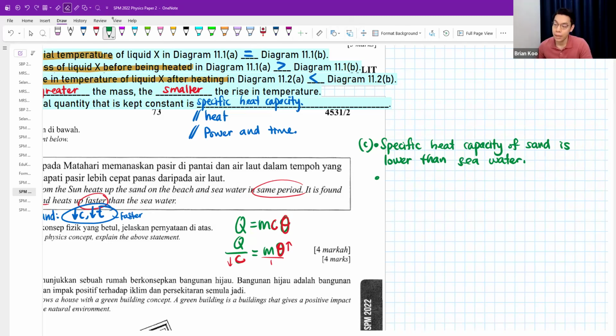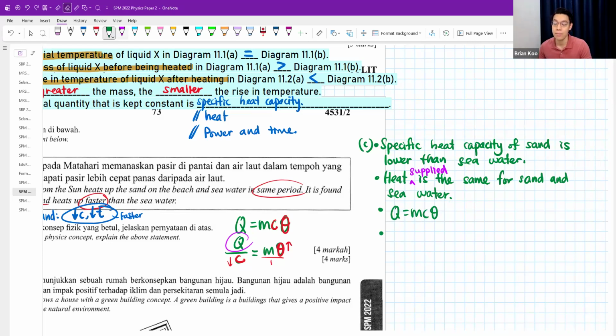But other than that, the heat supply is the same for the sand and for the seawater. The Q never changes. The Q is the same. According to Q equals to MC theta, you write this formula, you get 1 mark.